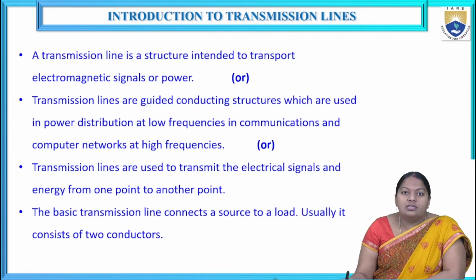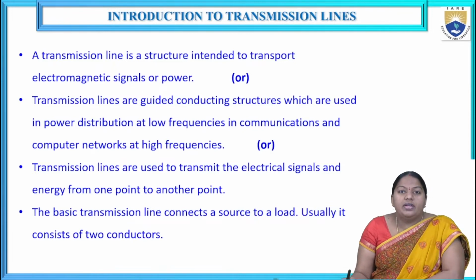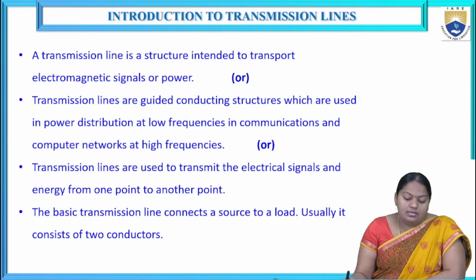That first place is said to be the source and the next place is the destination, or source and load. The source is always considered at the input side and the load is always connected at the output side. So the fundamental definition is that a transmission line is a structure intended to transport electromagnetic signals or power from one place to another place.